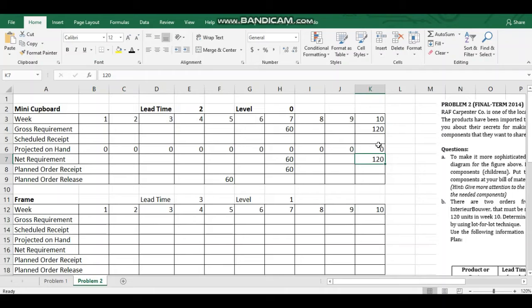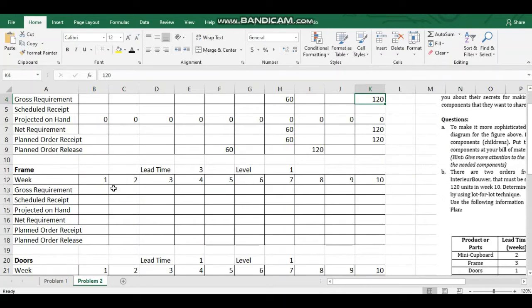Since we have net requirement, we have to place an order release, adjusted with the lead time of 2 weeks, so we order 2 weeks before, which is in week 8. Since our net requirement is 120, it arrives here as our planned order receipt and will be used to fulfill this gross requirement.